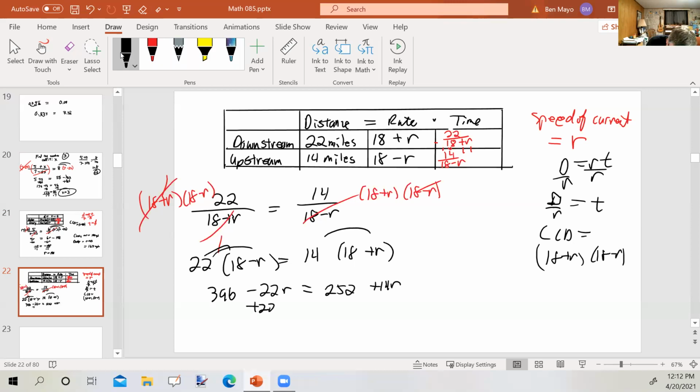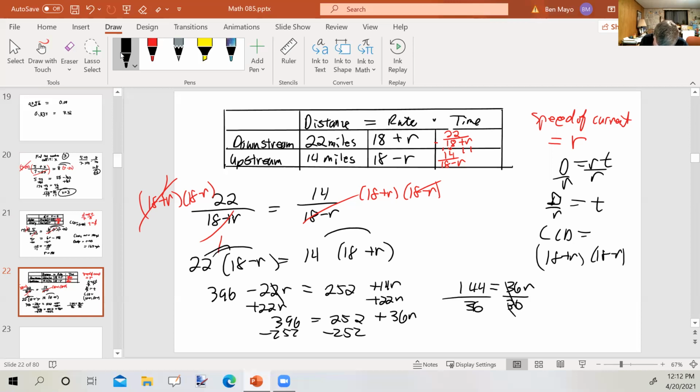So I'm going to add 22R to both sides. 396 equals 252 plus 36R. I'm going to subtract 252 from both sides. So what is that? 144 equals 36R. Divide by 36 and R equals, oh, what is that?